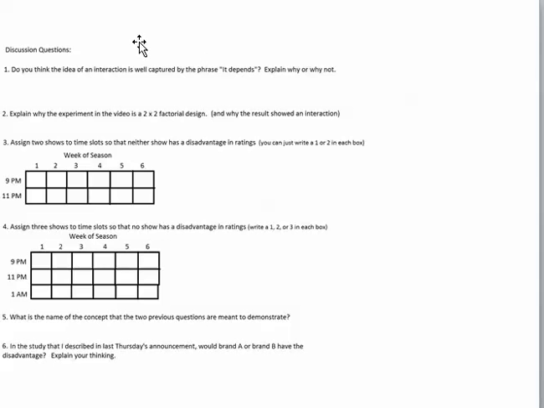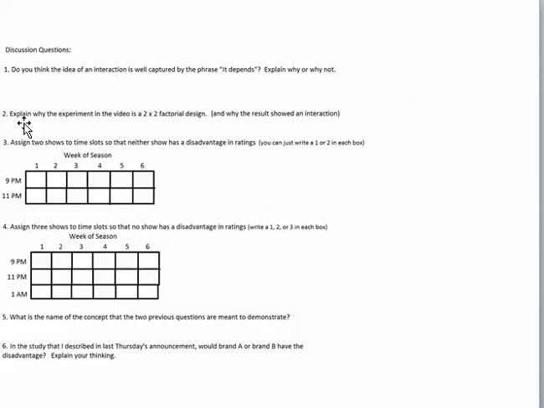That's an interaction. The effect of hours in the sun on sunburn depends on whether sunscreen is being used. That's an interaction. So here I'm just asking you, do you think that the idea of an interaction is captured concisely by the phrase, it depends? Answer yes or no and explain why or why not.